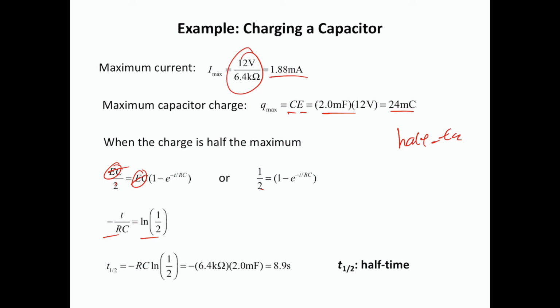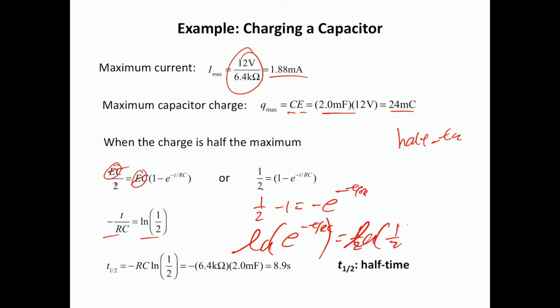You take the natural log. Now I do a little bit here. Half minus 1 is equal to minus e to the minus t over RC, so e to the minus t over RC is half. So you take the natural log, and this one is your minus t over RC.